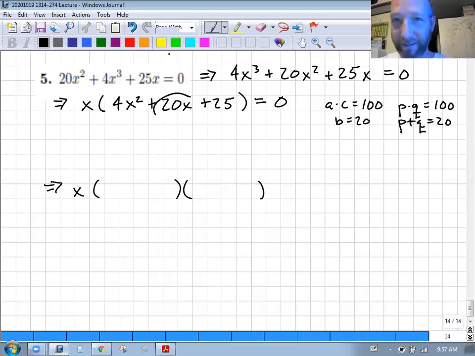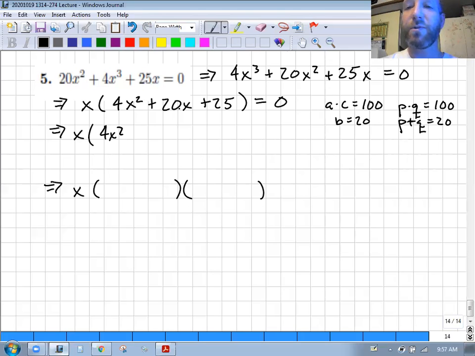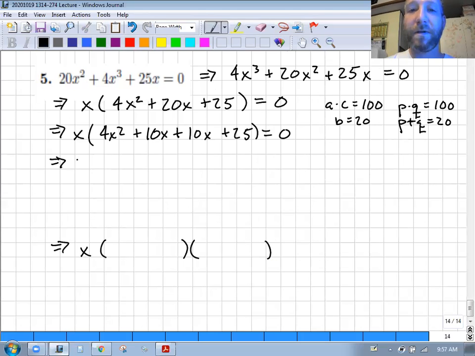Right? Our goal is to rewrite this 20x as a sum. So two numbers that multiply to give us 100 and add to give us 20 would be 10, right? 10 times 10 is 100, and 10 plus 10 is 20. So if we rewrite this 20x as 10x plus 10x, all right, use my square bracket here.